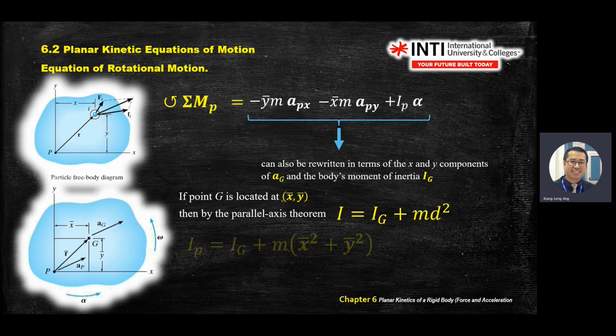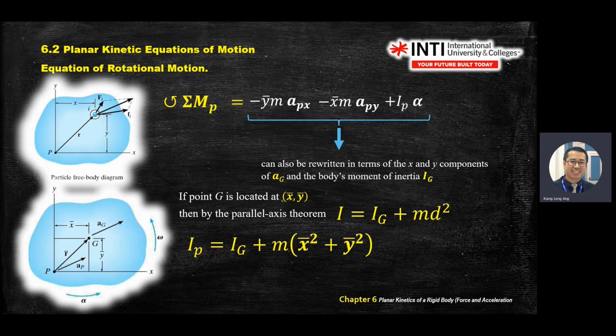The rest you read. Again, I depends on where you refer to. If you refer to a point other than the center of gravity, you need to calculate m d squared. I equals Ig plus m d squared. There's a distance that you need to calculate from a reference point.